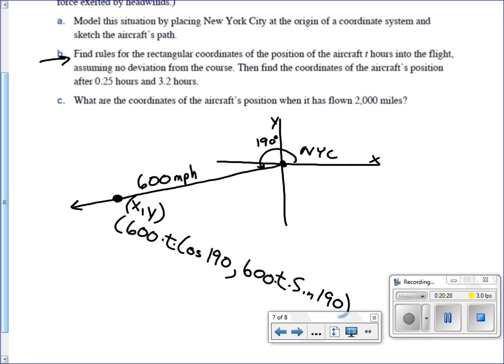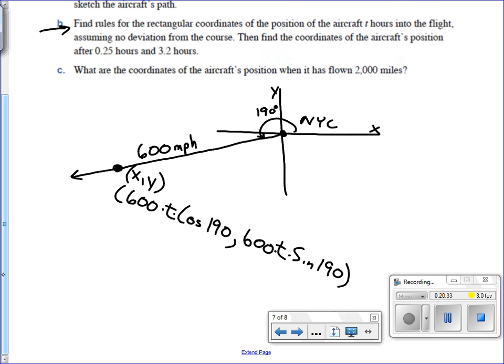Now find the coordinates after a quarter hour. We'll plug 0.25 in there. So after 1/4 hour, I'm just gonna write this a little bit differently to show that we can. X is 600 times 0.25 times the cosine of 190.